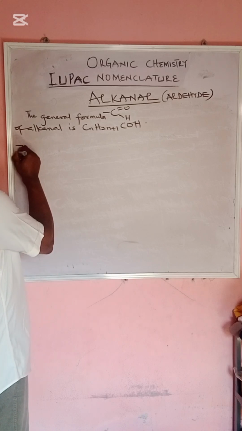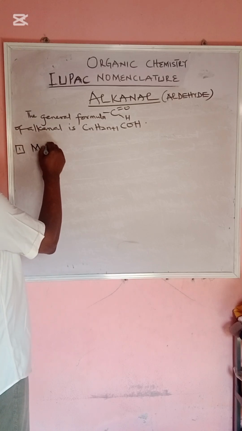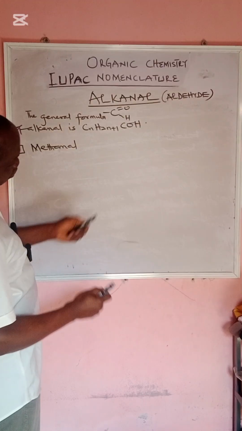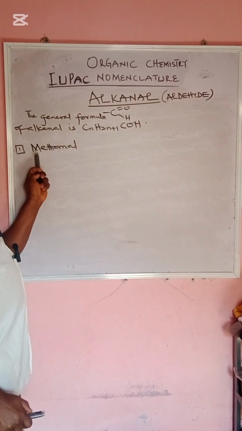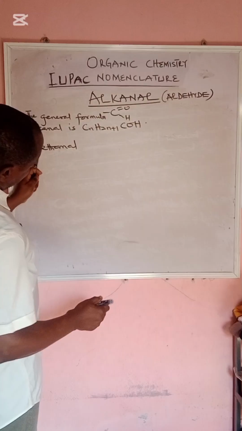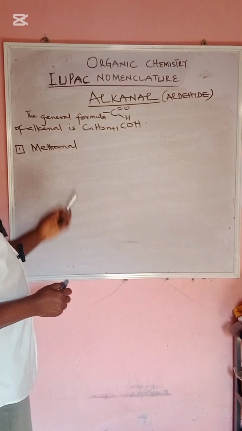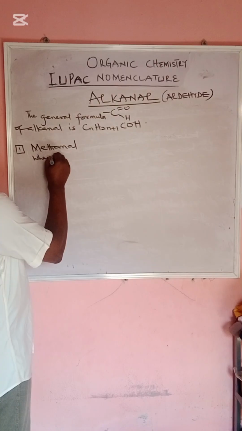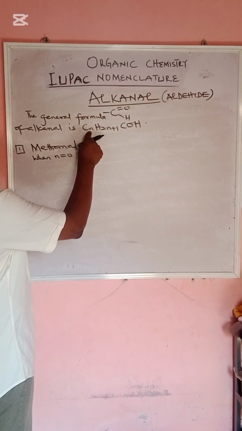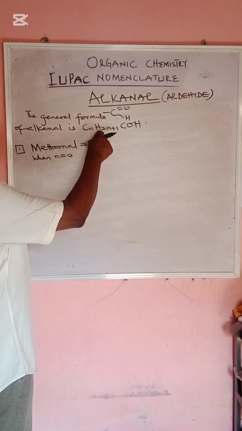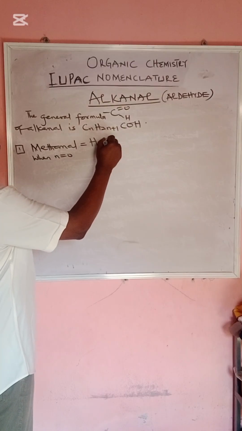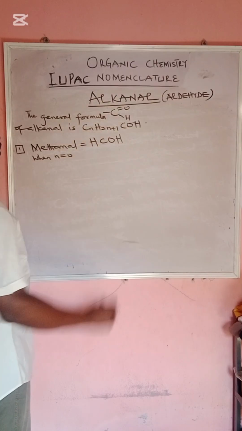The first member, we call it methanal. And remember, one carbon is already here, so if you want to write the formula you can't say when n is equal to 1. It must be when n is equal to 0. Take note of that. So when you put 0 here, 2 times 0 is 0, plus 1, it will remain 1 hydrogen, then COH.